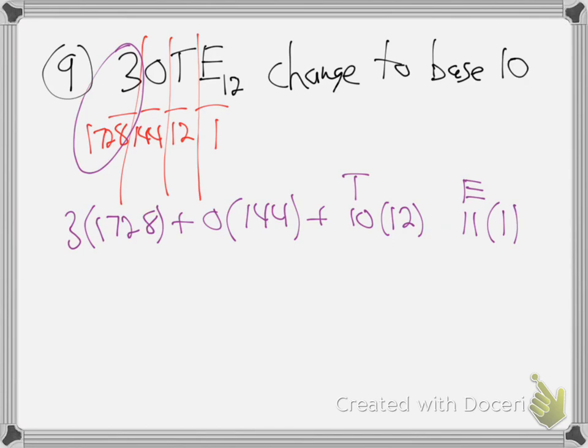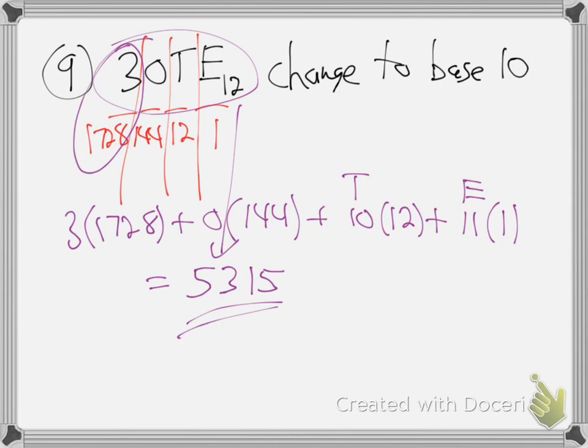So just multiply and add them all up. 5315. You guys getting that? So the 30TE base 12 is the same as 5315 in normal base 10. Good on that. That's both directions. It's just more practice of the same stuff to make sure you're super comfortable with it.